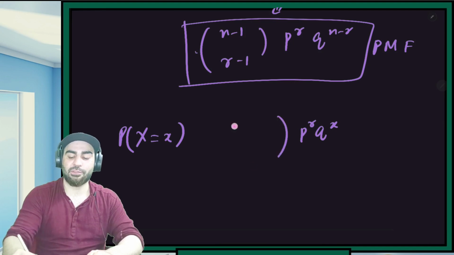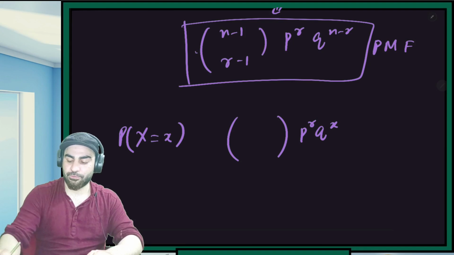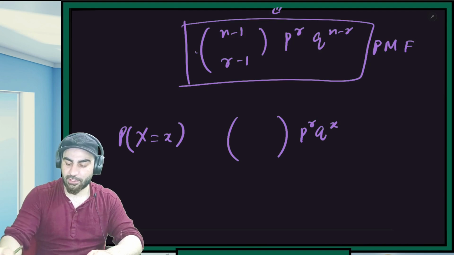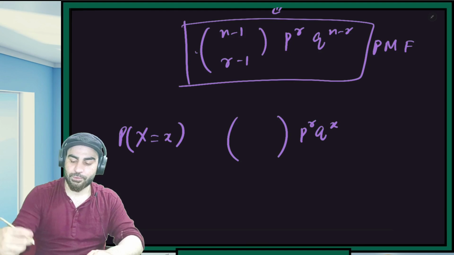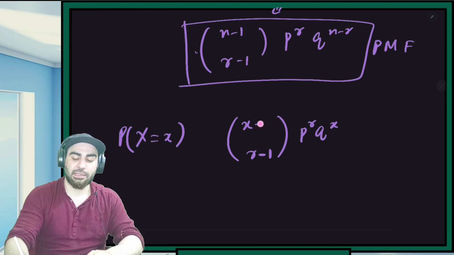Now I have just filled in these values. I have to choose r minus 1 out of how many? x plus r minus 1, where x is the number of failures.